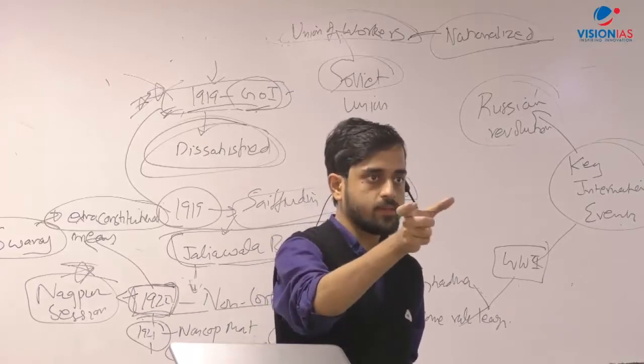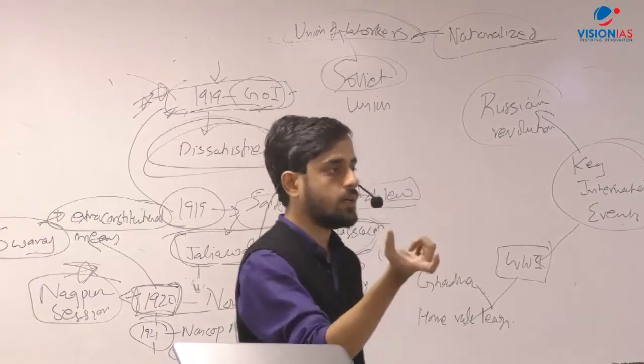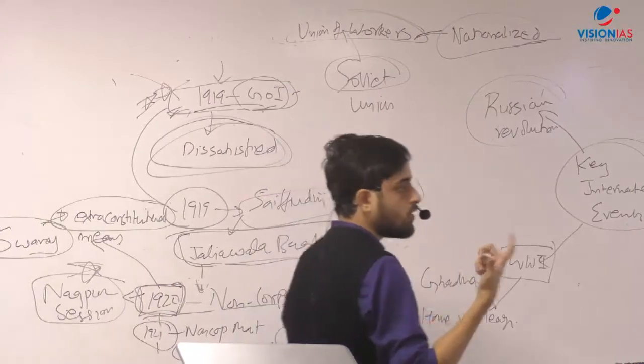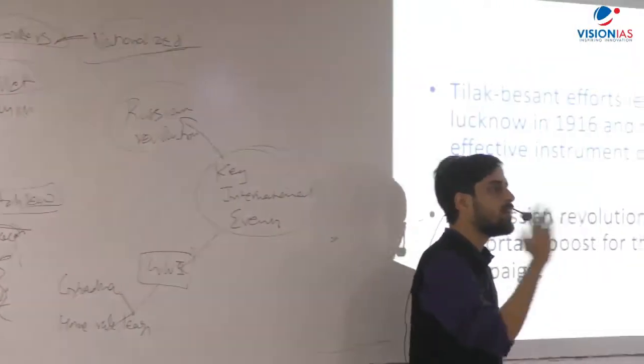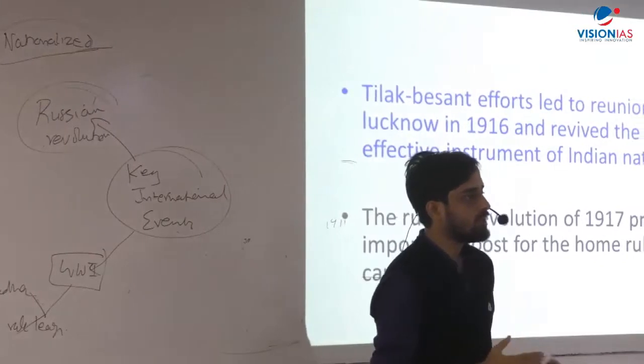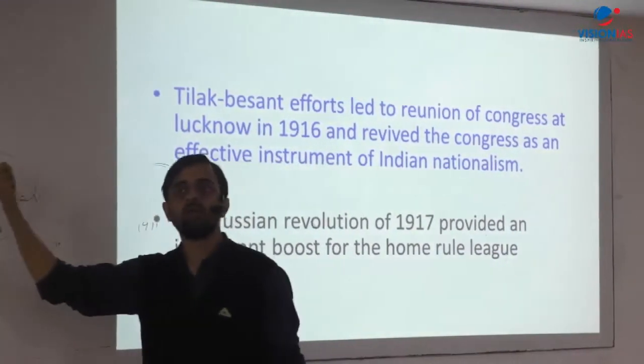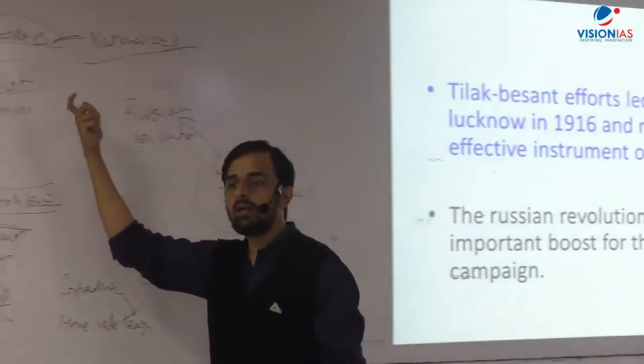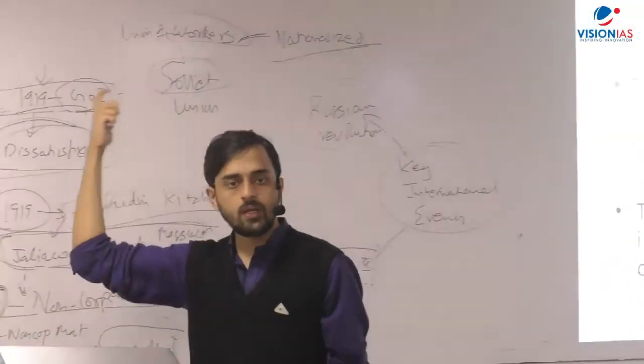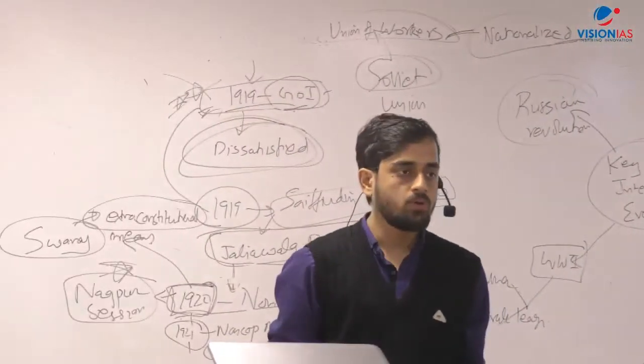So the success that Russia registered in a small amount of time after overthrowing monarchy and bringing in the rule of the people inspired a number of Indian revolutionaries, that if they could also establish their own self-rule, India could also embark on the path of industrialization and quick economic growth in a small amount of time.